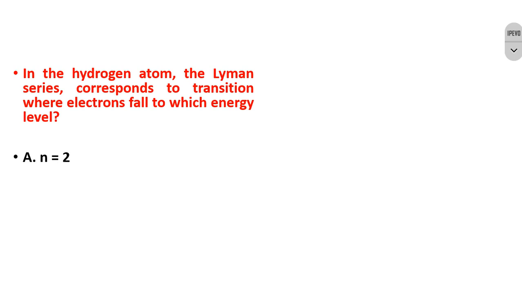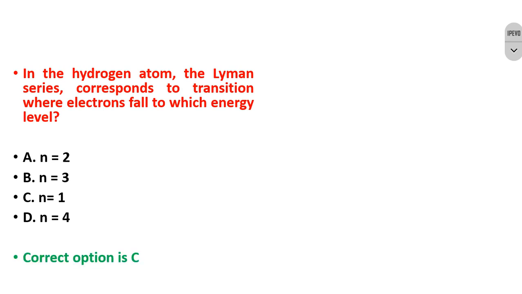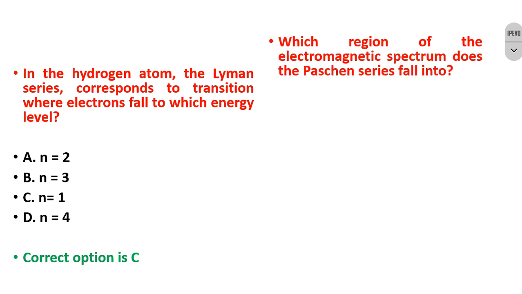A. n equals 2, B. n equals 3, C. n equals 1, D. n equals 4. For the Lyman series, we have n equals 1. Option C is the correct option.